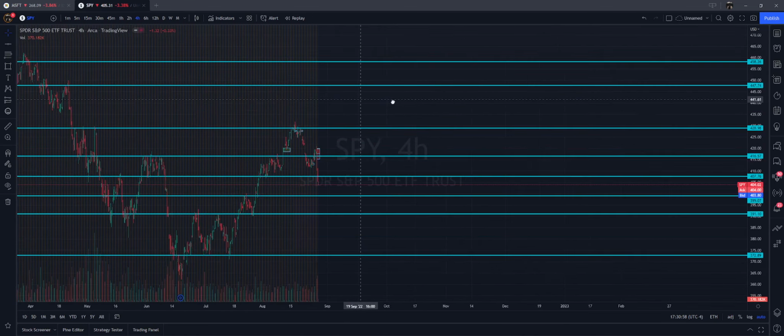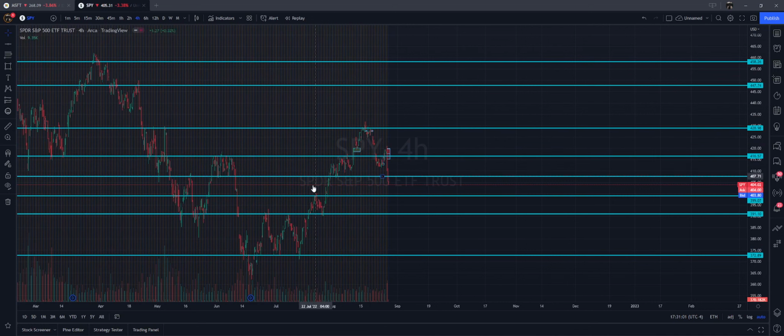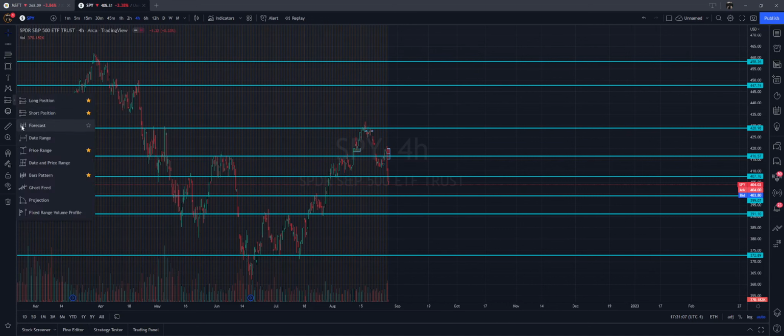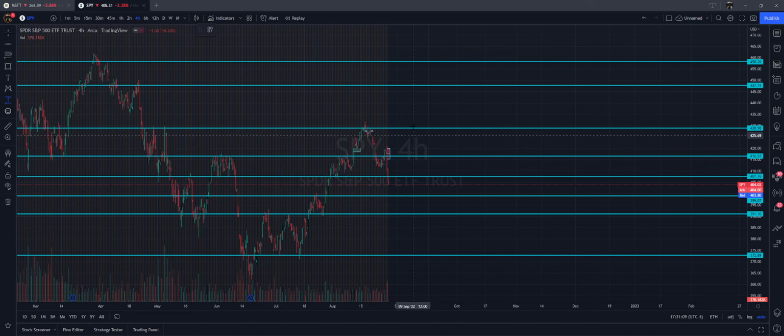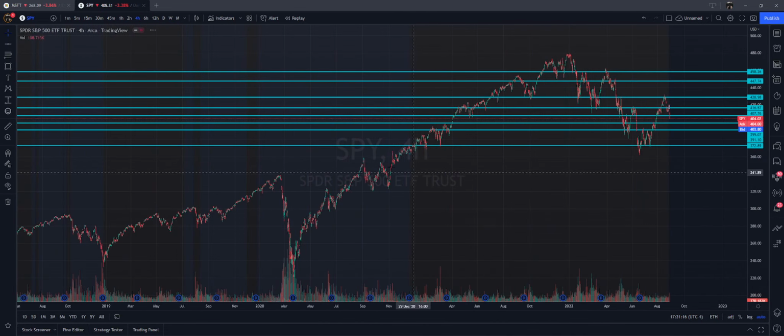So let's say we're at this level. Just assume that we're gonna be up somewhere right here or maybe down in this range. So I'm gonna put it somewhere in between this and this, right? If it breaks down, then we're gonna look somewhere in the back right here for a key level.